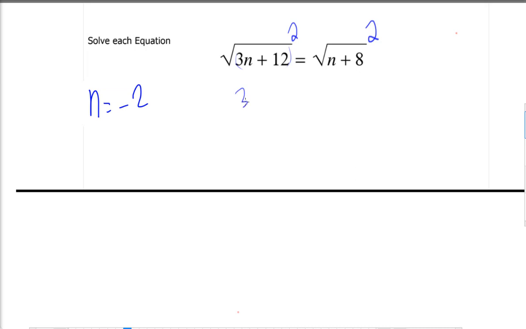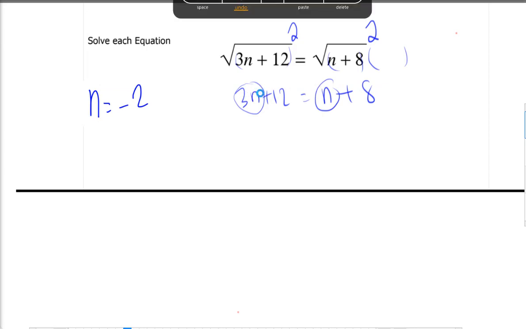So I just write it 1 time. So 3n plus 12, and I just multiply n plus 8 2 times. So I just write it as 1 time. N plus 8. We got variables on both sides. So we got n's on the left and the right. We're going to take the smallest of the two. And the smallest of the two is 1n.